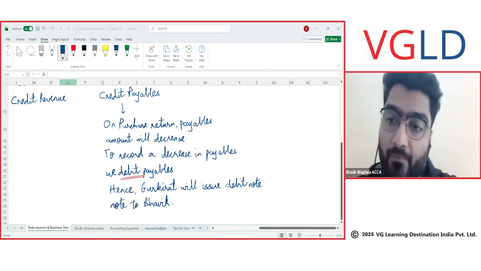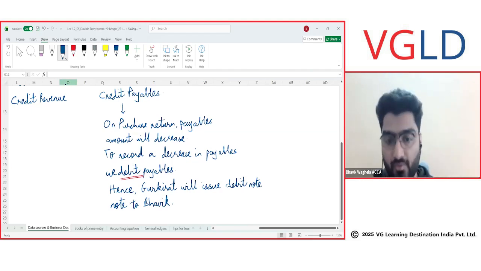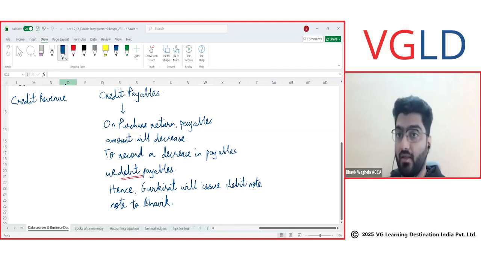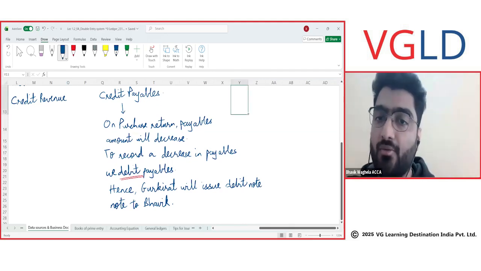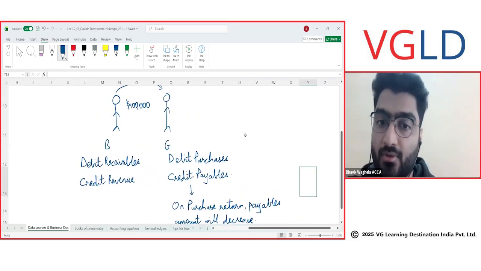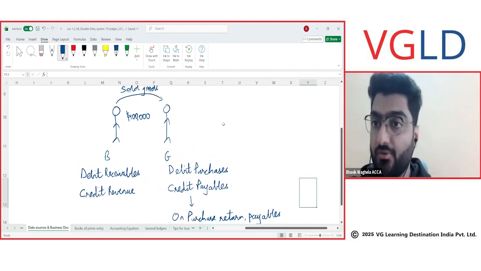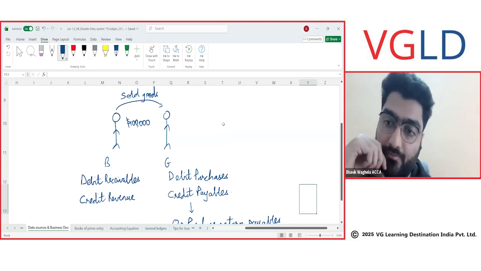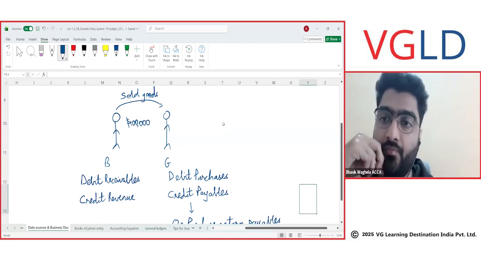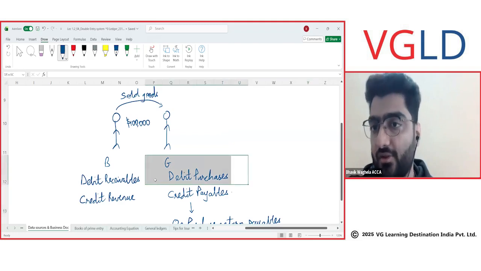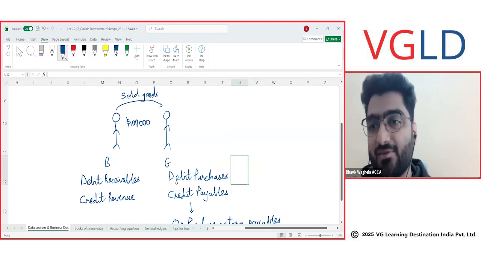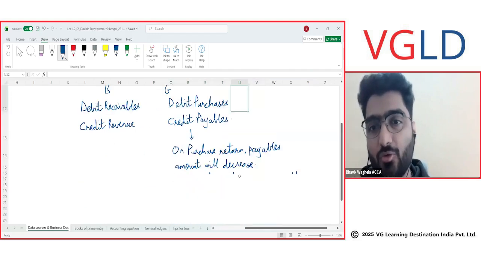Now, what does this mean? If Gurkirat issues me a debit note, he means, listen Bhavik, I have debited you. Understood? So the person doing purchase returns will always issue a debit note. Think logically. If we debit purchases, then obviously purchase return will be debit. Understood? Or you can go by this logic.